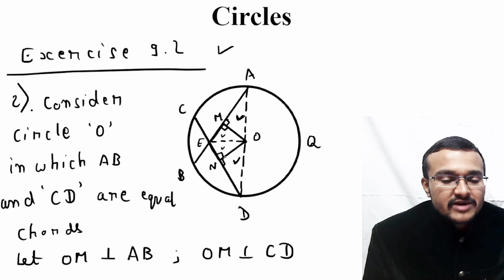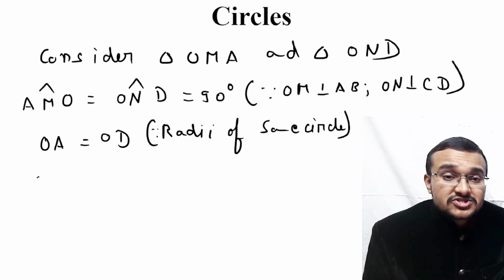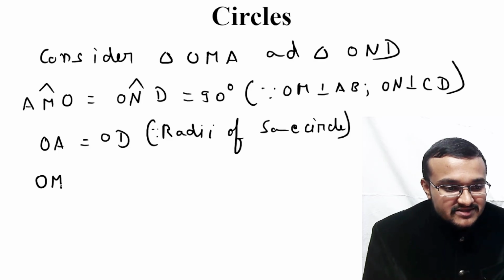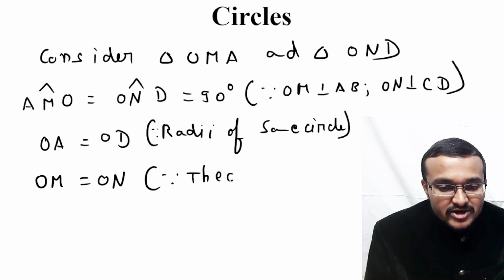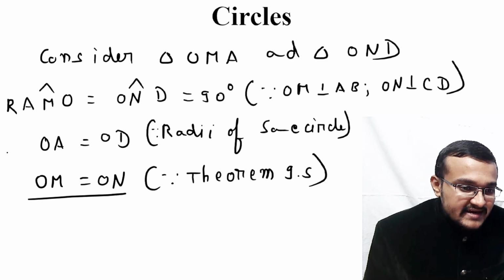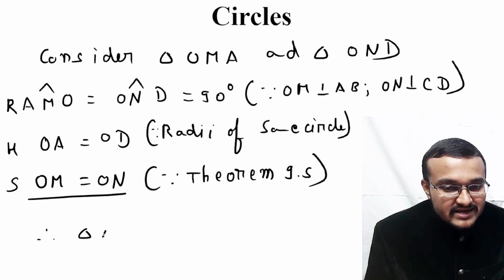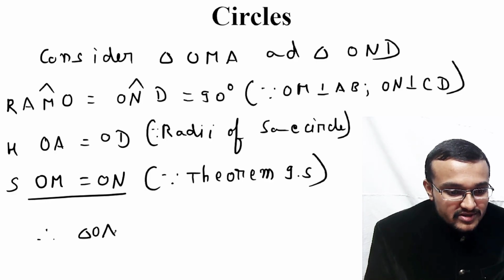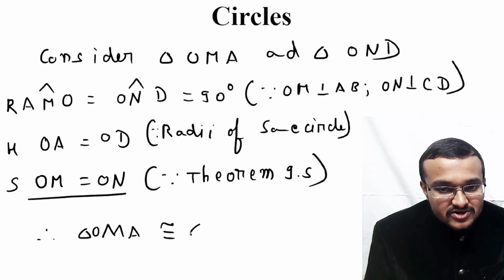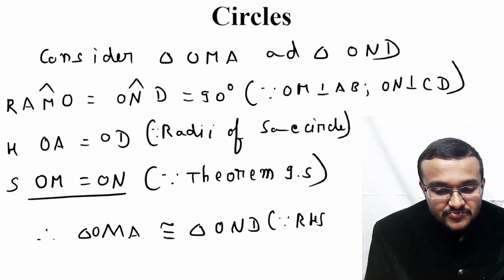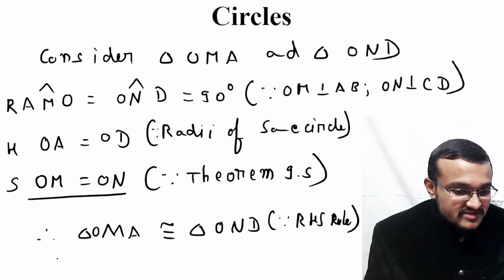So here OM and ON are equal to each other because the chords are equal. So OM is equal to ON. This is from theorem 9.5. So here right angle, hypotenuse and one side are equal. Therefore triangle OMA is congruent with triangle OND. This is from the RHS rule.